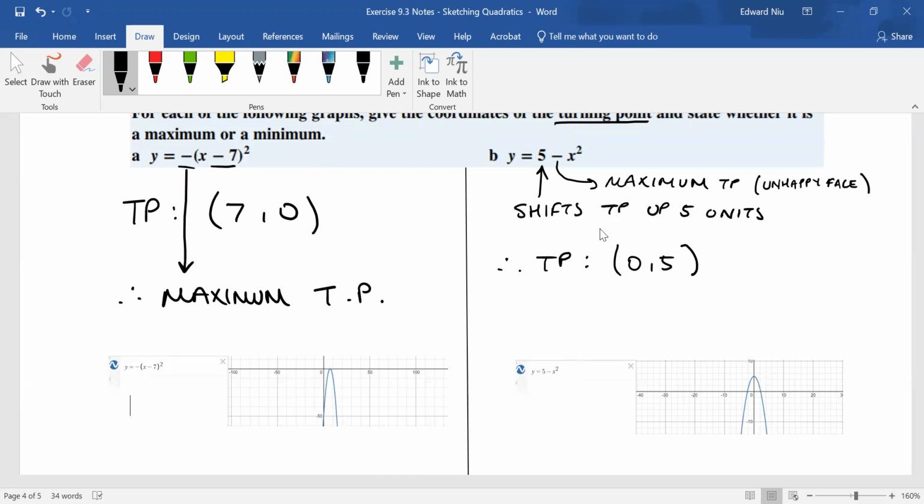And then the negative out in front of the x squared coefficient is going to tell us if it's a maximum or a minimum turning point. So whether it's an unhappy face or a happy face. So here we've established a maximum TP, where the turning point at 0, 5 is the highest point in the parabola. Alrighty.